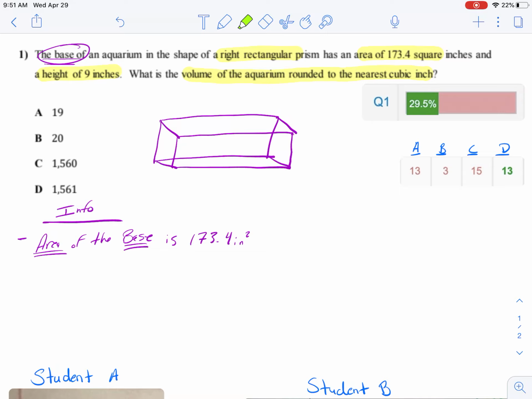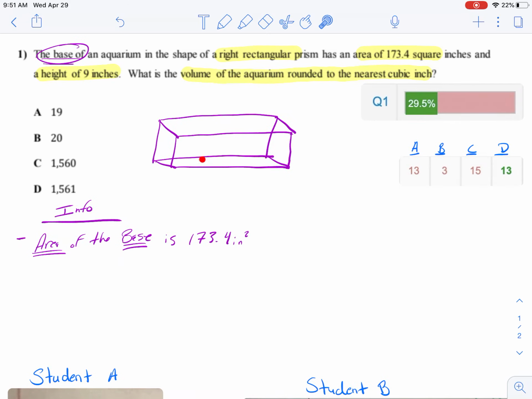Hopefully someone's pointing at their screen at this point. I'm going to use my cool laser here. The base is referring to the area of the bottom of this rectangular prism. So this entire thing down here, which we are now going to color in green, we're being given that. It's not three-dimensional. It's just the area of the bottom of it.